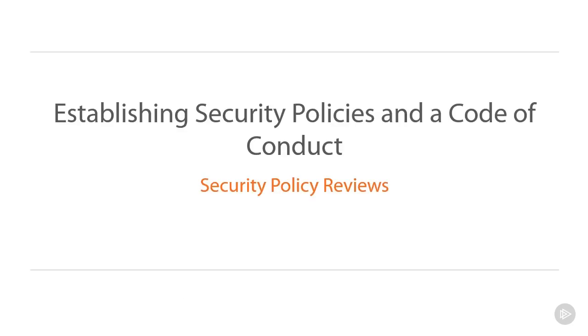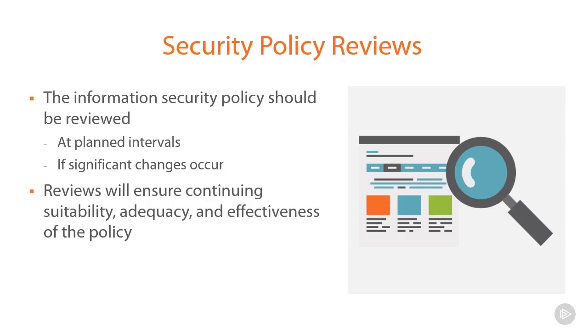Now that I've provided you with some information about what to include in an information security policy document, let's take a quick look at policy reviews. The information security policy should be reviewed at planned intervals, and you should always put it through a review process if any significant changes occur to that policy.